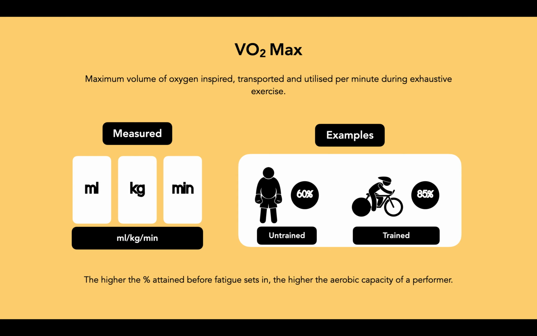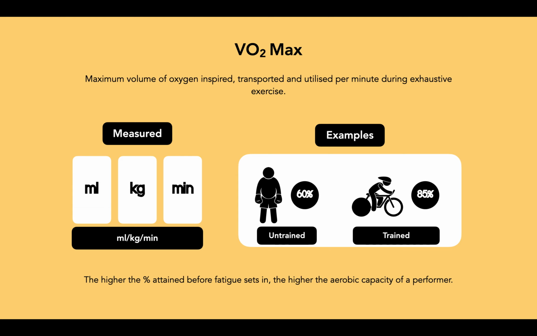So what that means is we all have a VO2 max, and that will have a number measured in milliliters per kilogram per minute, and usually in untrained performers, they can get to 60% of that VO2 max, whereas a trained individual can even get in excess of 85% of their VO2 max.